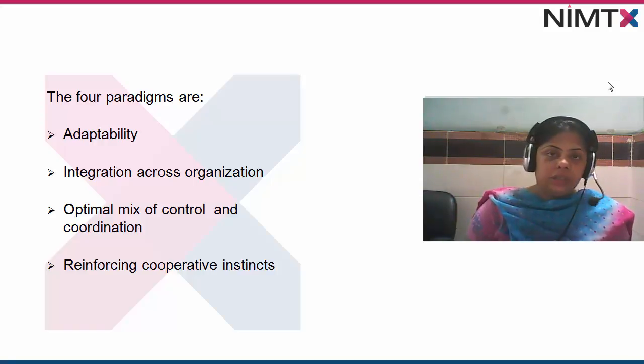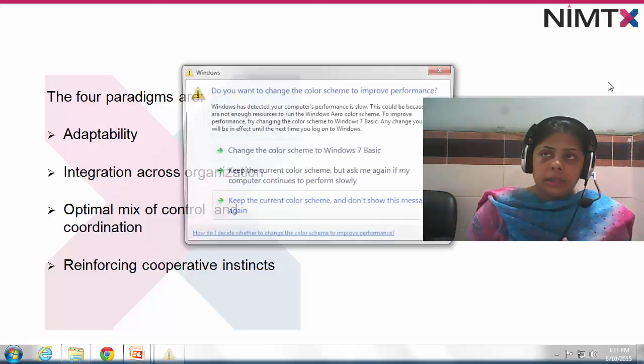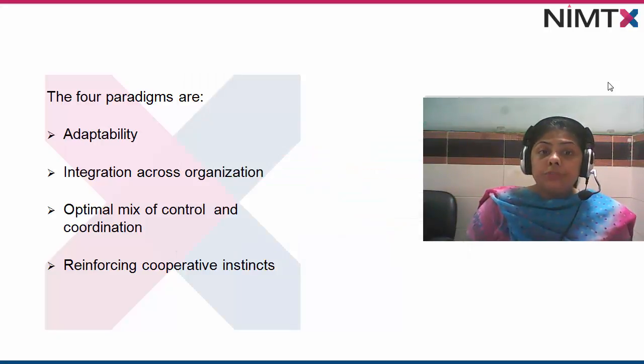They are in sales. They are talking over the phone with the customers. The superiors do not do that. So it's important for the superiors to have good coordination with subordinates. This is called integration across organization. Where this does not happen, that really may be a problem for the organization.